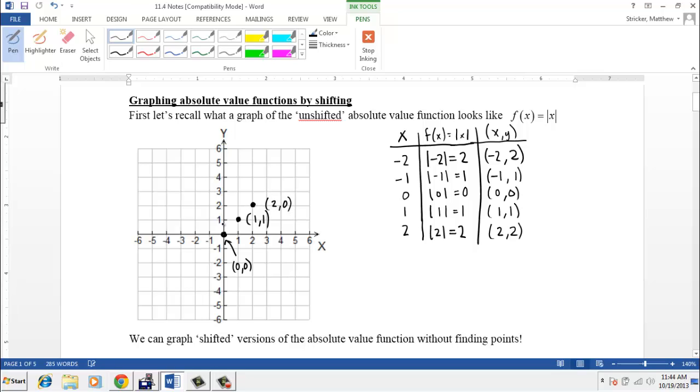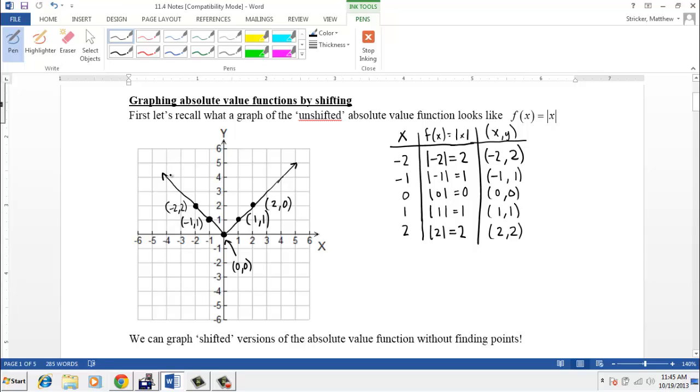And then it goes up 1, over 1 the other way. This is the point -1, 1. And then we also had the point -2, 2. And we get this nice V shape. So hopefully that's somewhat familiar to you.